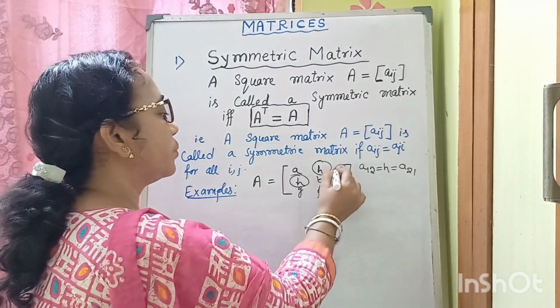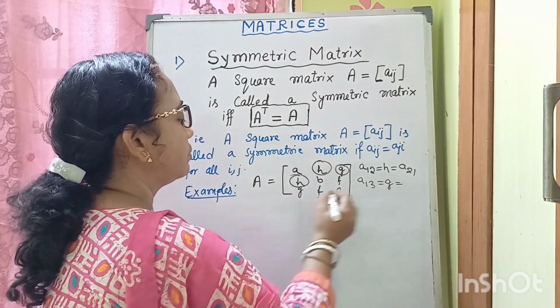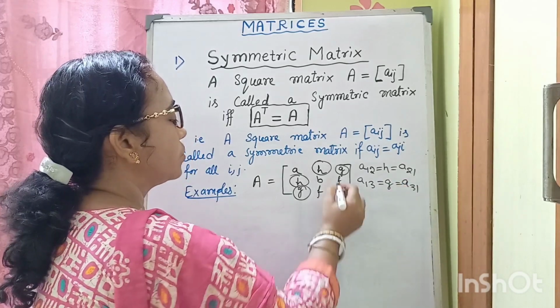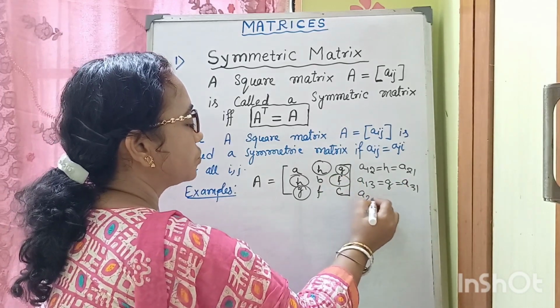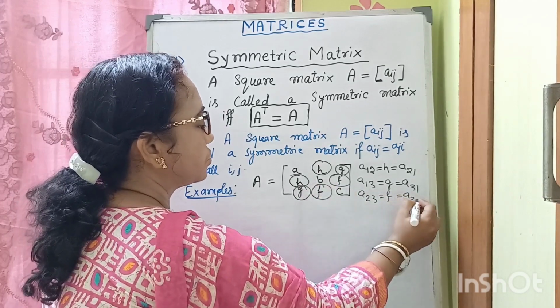Also, the element a13, which is g here, is the same as a31. And also, a23 is f, which is the same as a32.